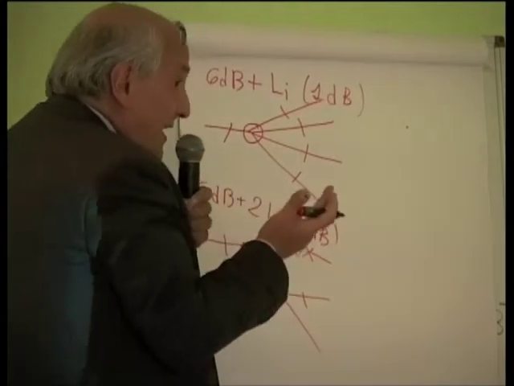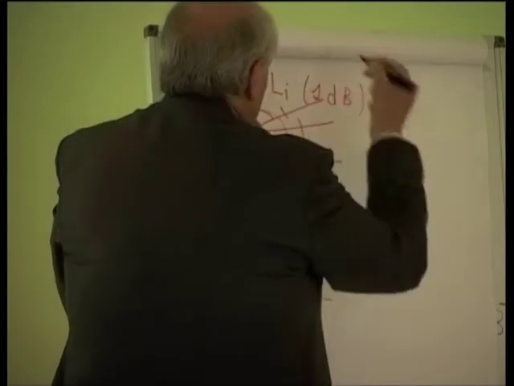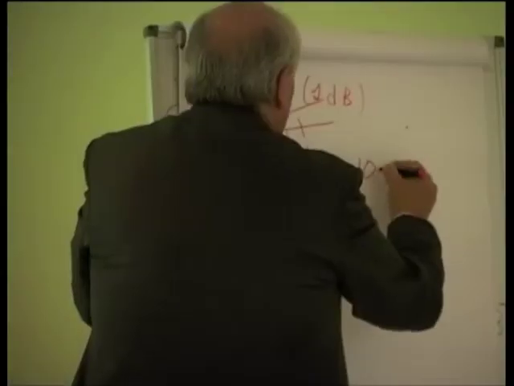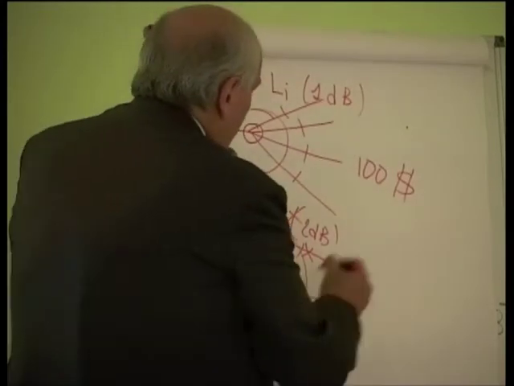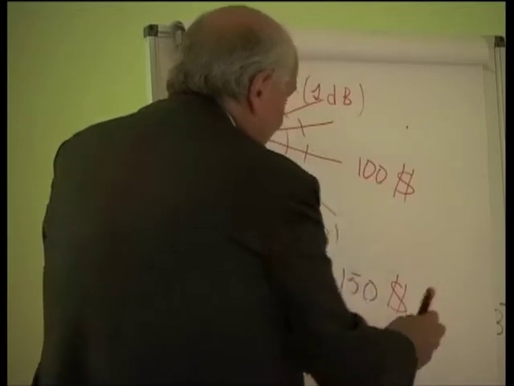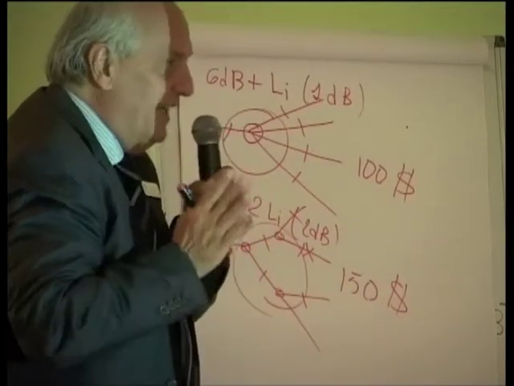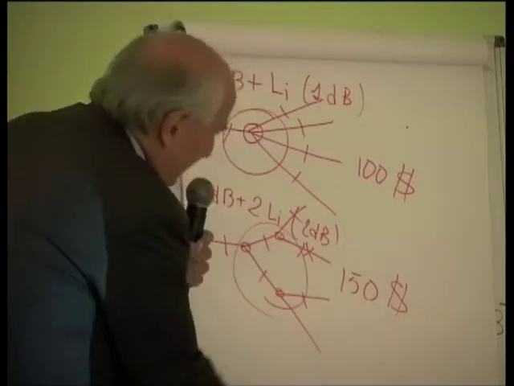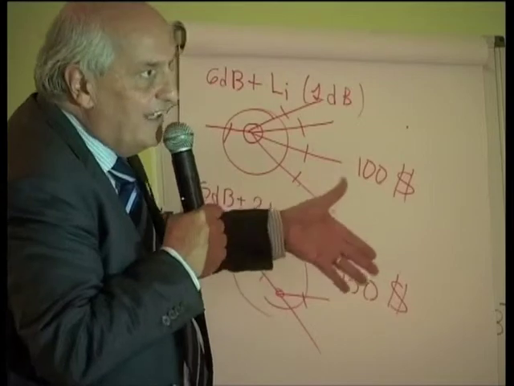So also the price is not linear. If this costs, for example, $100, this tree will cost $150.